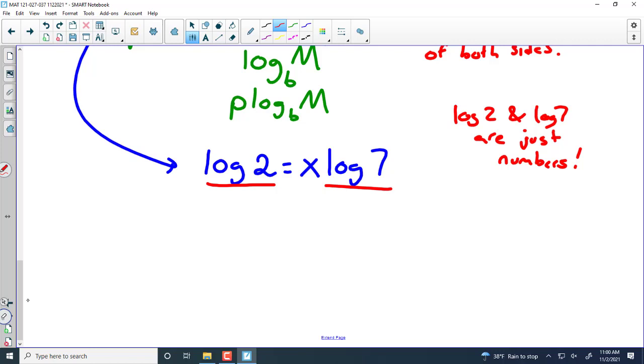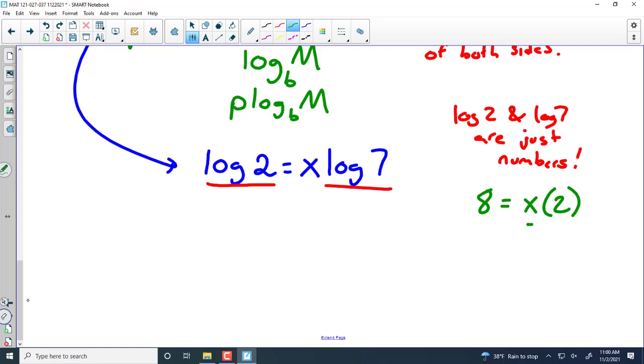What we have here, everyone, is a number equals x times another number. If we have a number equals x times another number, how do you solve that for x? You divide by that number in front of the x. Does everyone agree with that?